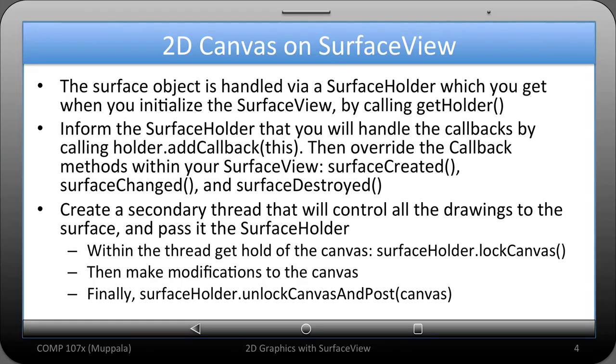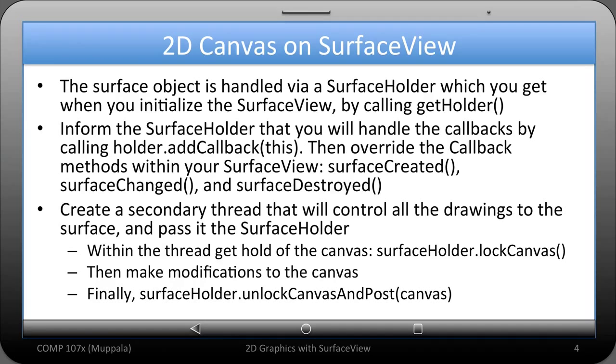Now, in addition, we are required to create a secondary thread. So you need to declare a thread and then write all the parts of the code in the thread. In particular, you need to implement the run method for the thread. And in the run method, you're going to carry out the updates to the canvas.